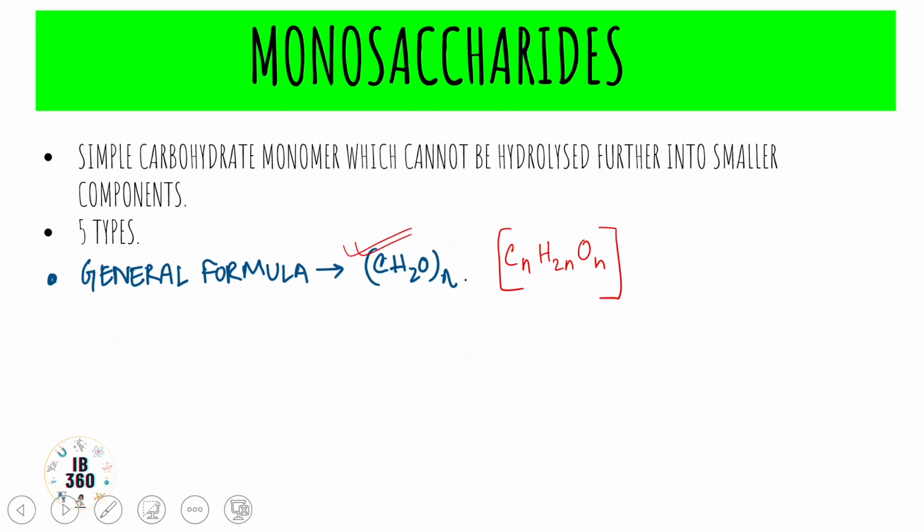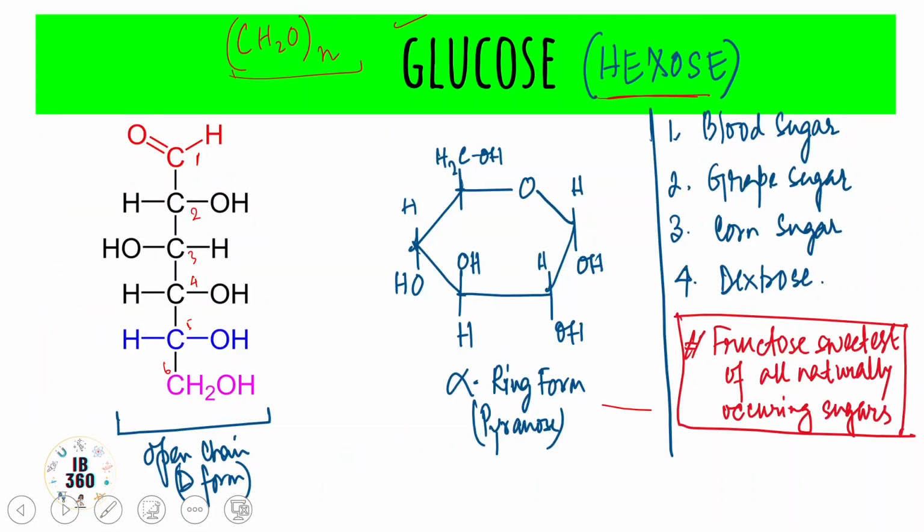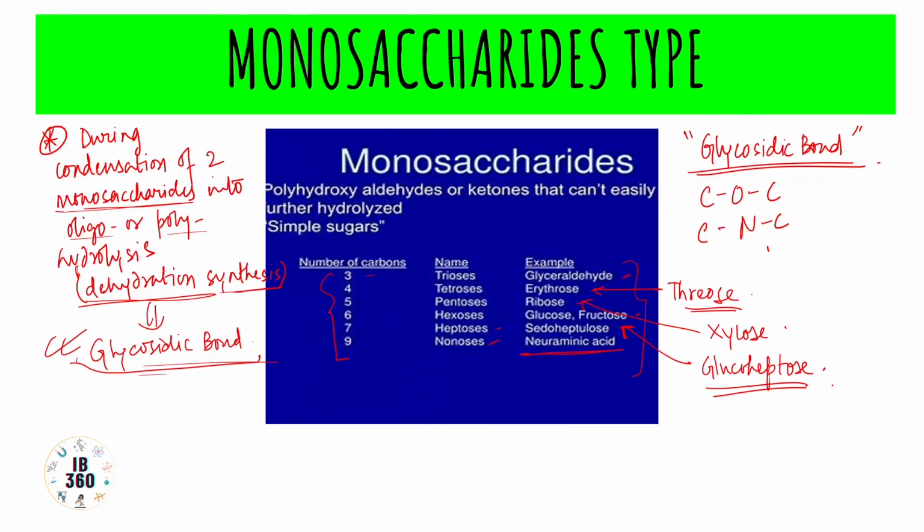Anyway, so let us come to glucose. So usually these pentoses and hexoses, they exist in both open chain as well as ring forms. And there are two types of ring forms, pyranose and furanose.